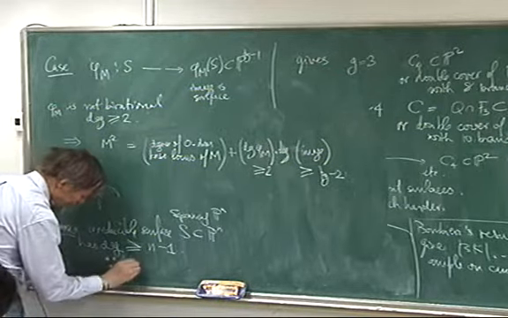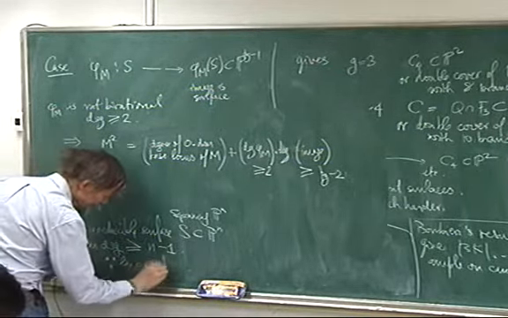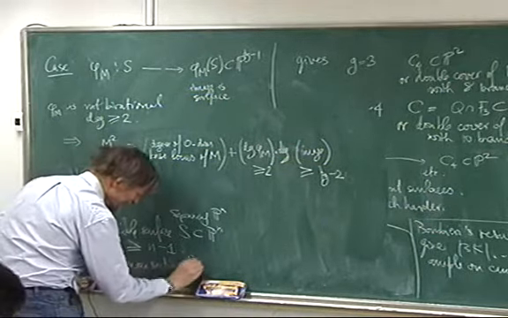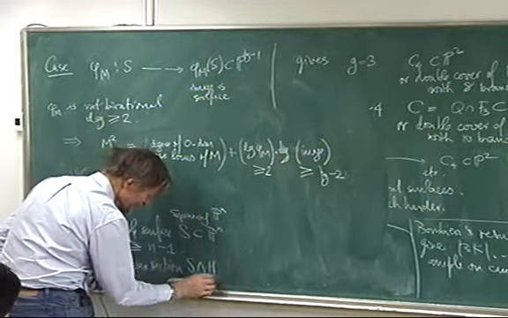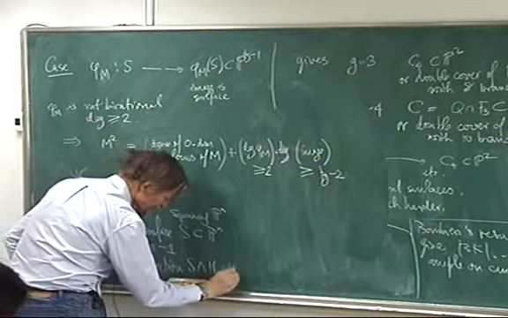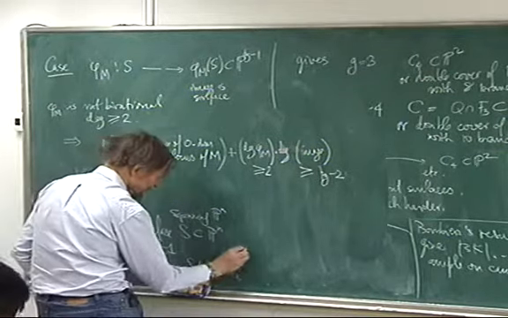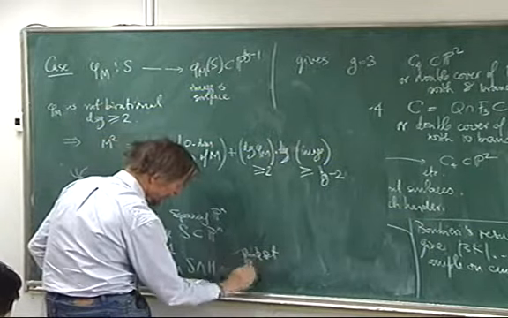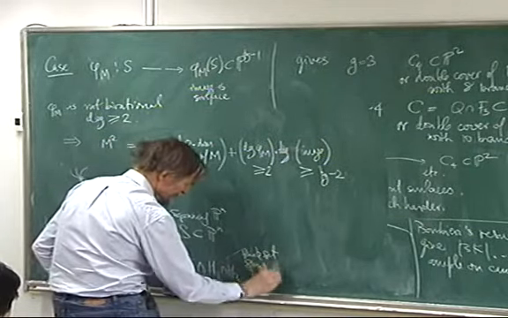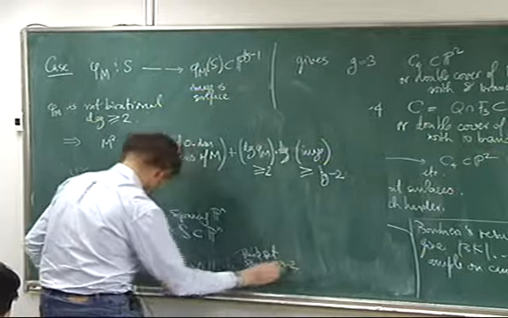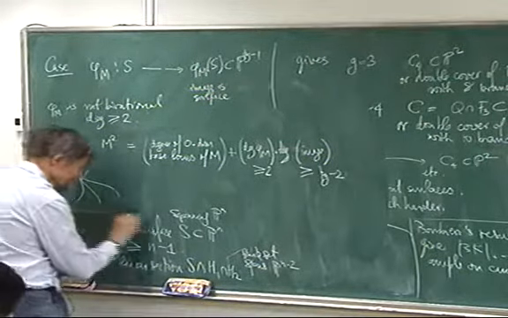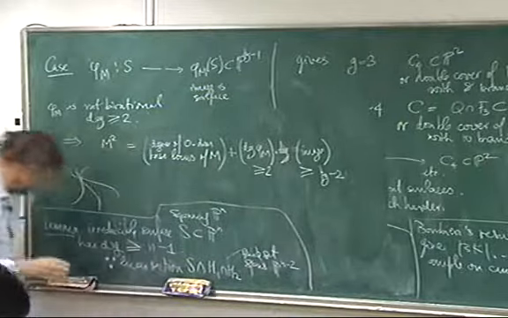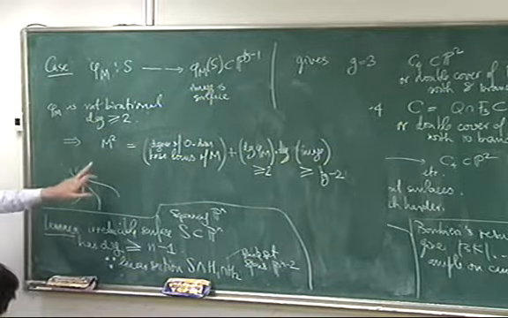A linear section, S intersect H1 intersect H2 is a finite set of points, and it spans Pn minus 2. Okay, so this is straightforward.